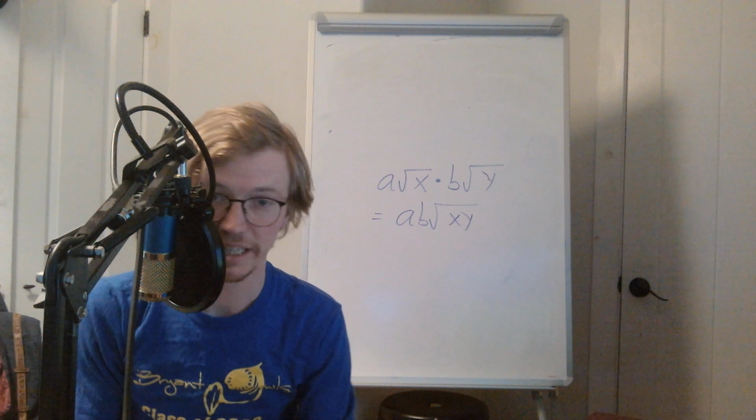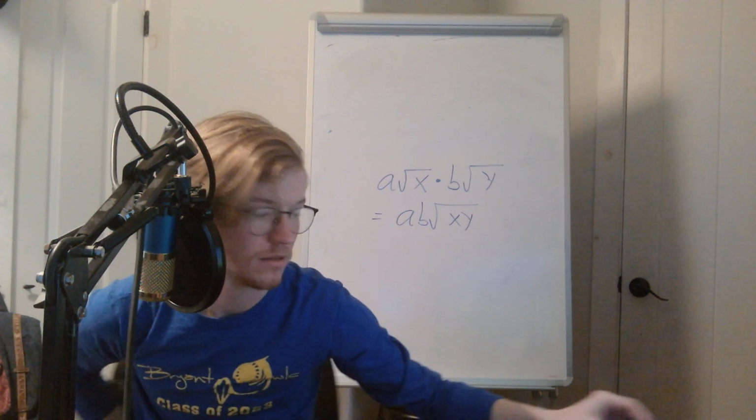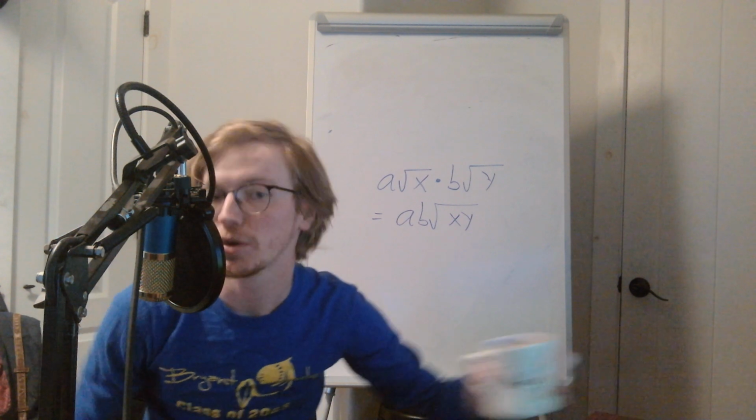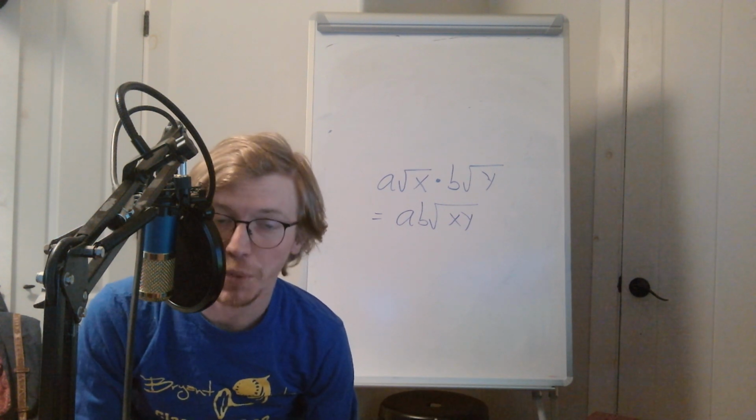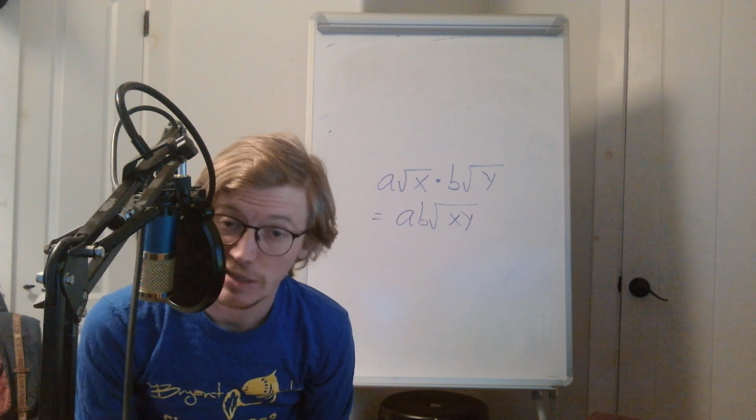The general rule is a times the square root of x times, or you say a square roots of x, times b square roots of y equals ab square roots of xy.